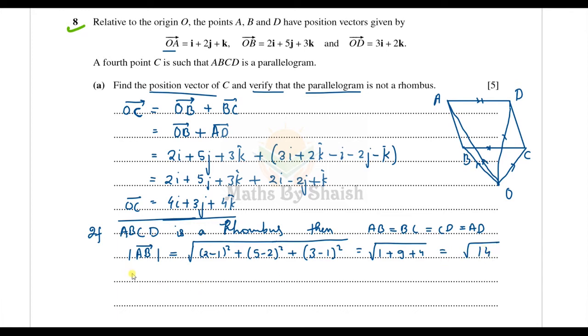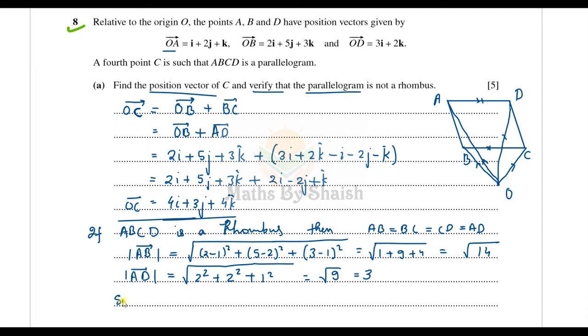And let's find the magnitude of BC or AD. We can find any because they are the same. AD magnitude, and we have AD now, because we can see this was actually AD, and that is 2 squared plus 2 squared plus 1 squared, 4 plus 4 plus 1, that is 9, which is 3.